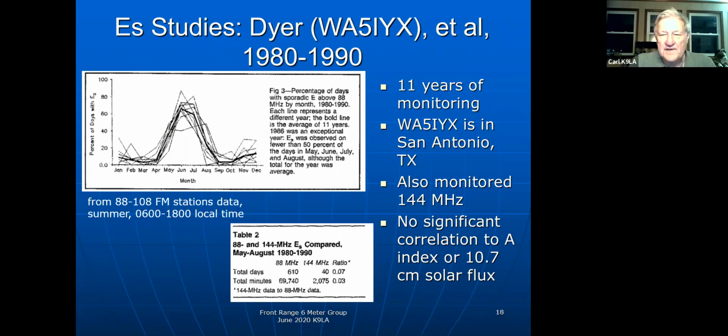He also did not see any significant correlation to the A index, which is an index of the Earth's magnetic field, and he didn't see any correlation to the 10.7 centimeter solar flux. And I think most people nowadays realize that sporadic E is there regardless of where we are in the solar cycle.